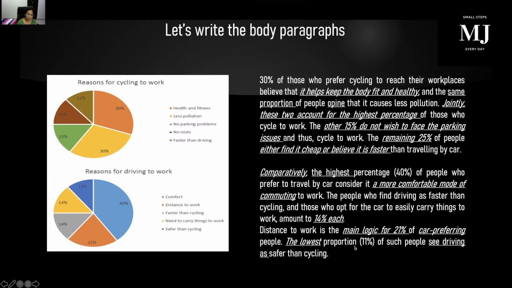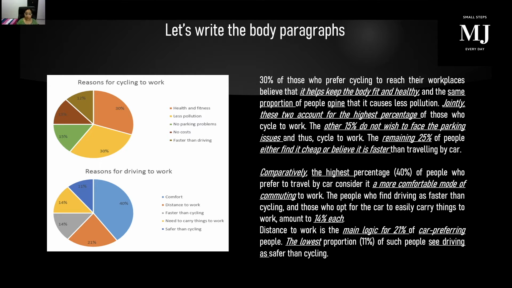So the lowest proportion, that is 11% of such people, see, find, anything like that you can use, see driving as safer than cycling. Getting my point? This is how we will combine the details and we'll try to come up with our body paragraphs, guys.